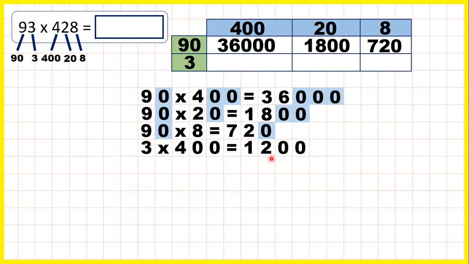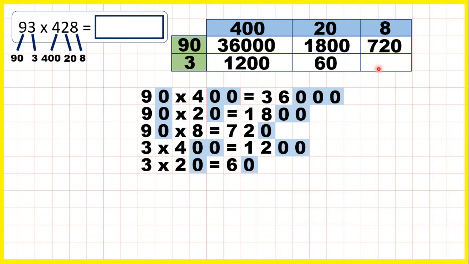That's 1,200, because 3 times 4 is 12, and then 2 end zeros in the question mean 2 end zeros in the answer. Here we have 3 times 20, which is 60, because 3 times 2 is 6, and then there's our end zero. And finally, for this box, we have 3 times 8, which is 24.